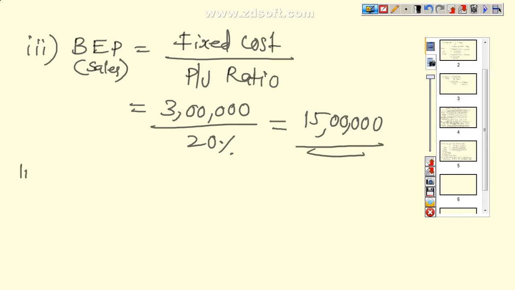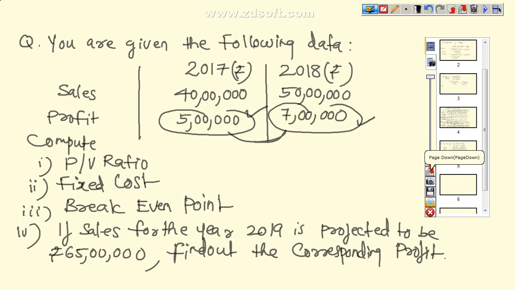And last and final, if the sales for the year 2019 is projected to be 65 lakh, here the projected sale is given. Now we have to calculate the corresponding profit.